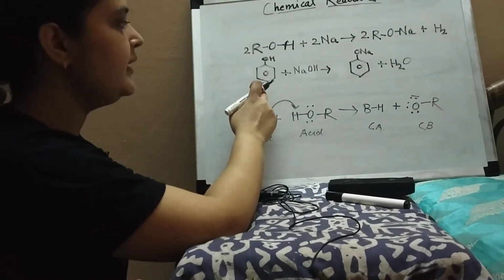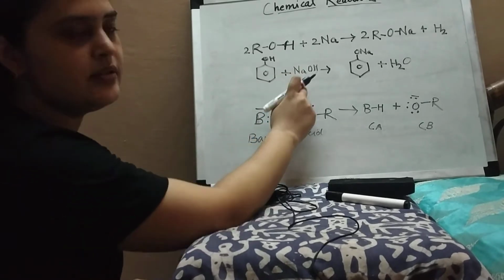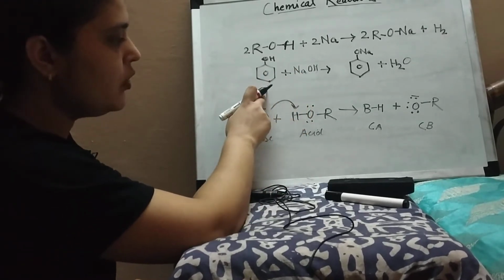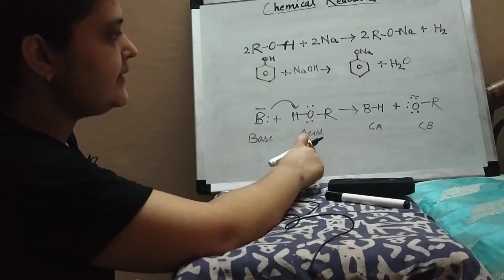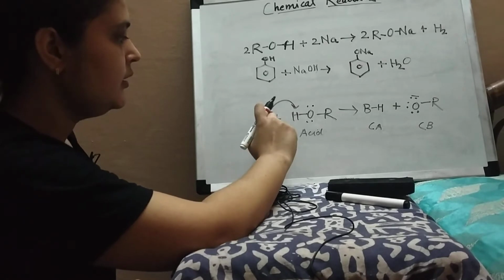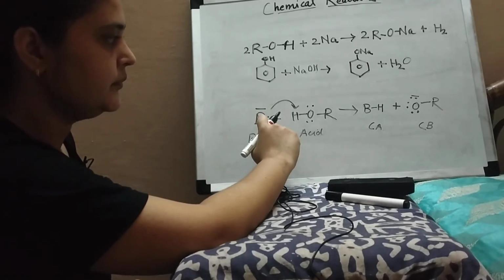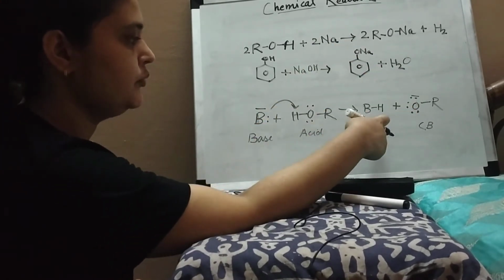This can be depicted as a general reaction: sodium hydroxide is the base, and the alcohol or phenol is acting as an acid, forming a conjugate base.